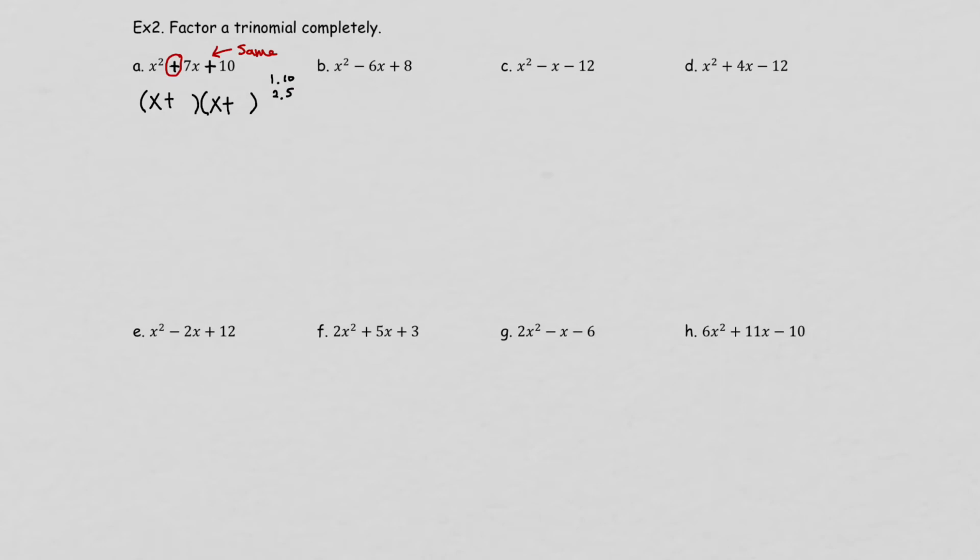And which one adds to become 7? That will be this one, right? When you add these two numbers, you get 7. So instead of 1 times 10, you're going to use 2 times 5. So it will be 2 here and 5 there. Again, you can rotate the numbers because the sign is the same, it doesn't really matter.